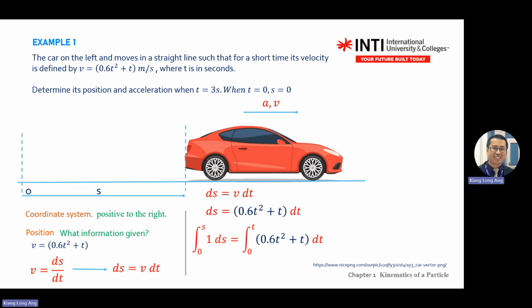Then because of this t squared, use this equation: integrating x to the power n gives x to the power n plus 1. Here t has exponent 2, so you have t to the power 2 plus 1 divided by 2 plus 1.